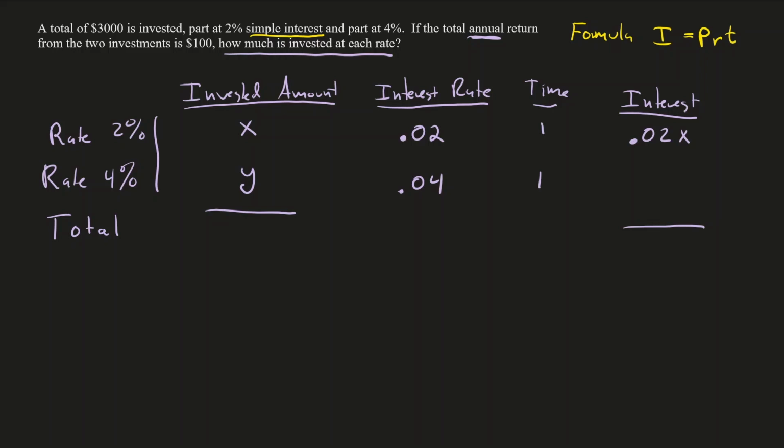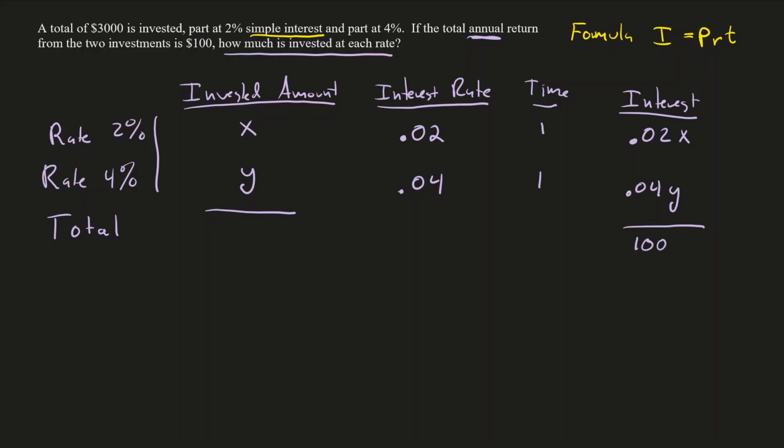So, for instance, if you invest $1,000 at 2% rate, you will get $20 out. Likewise, you'll have 0.04 times y here for the interest on the 4% loan over the course of 1 year. So in total, looking at our interest over here, the total amount you gain from the two investments is 100 there.